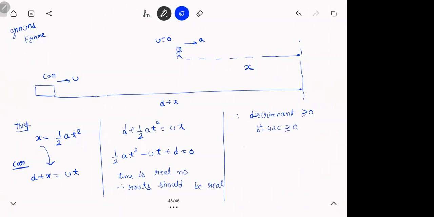Now in our equation, half at square minus ut plus d is 0. This looks like ax square plus bx plus c is 0. So in place of b, what do you have? u square. 4 is 4. In place of a, half a. In place of c, d. So you got u should be greater than root 2ad.